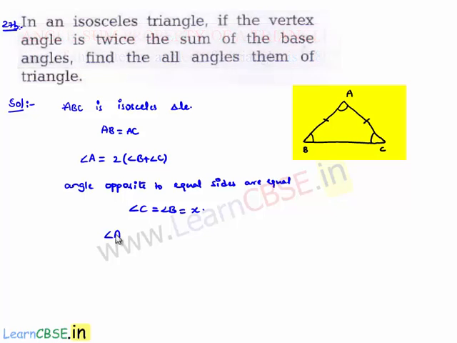But here we have angle A is equal to 2 times angle B plus angle C, that is nothing but 2 times x plus x, which is 2 times 2x, which is equal to 4x.